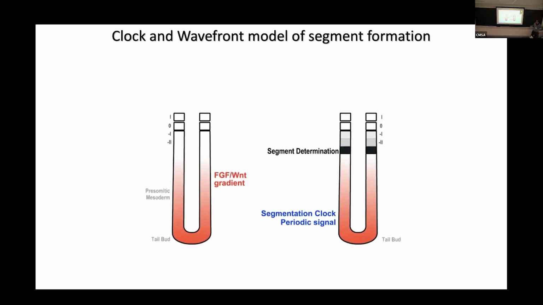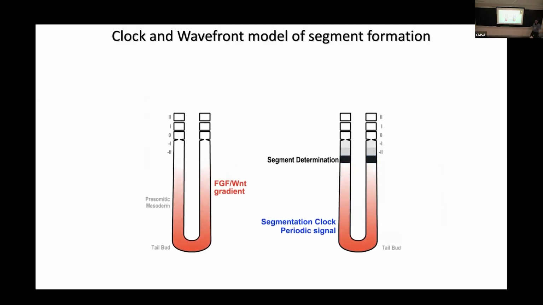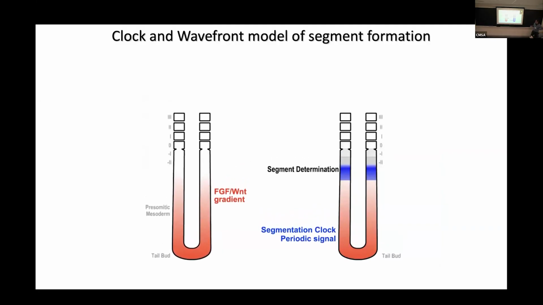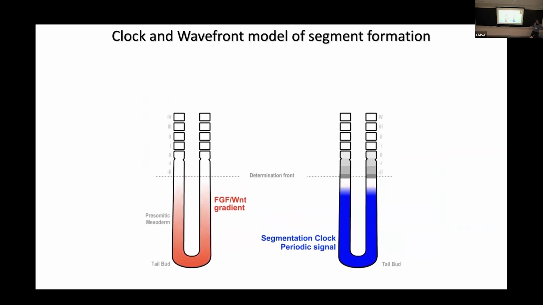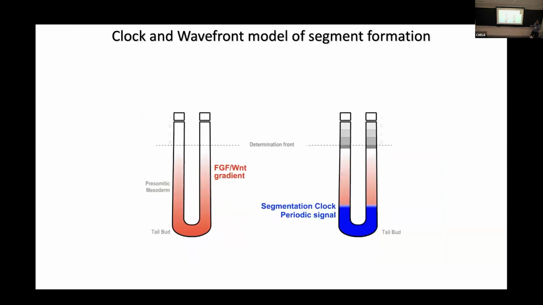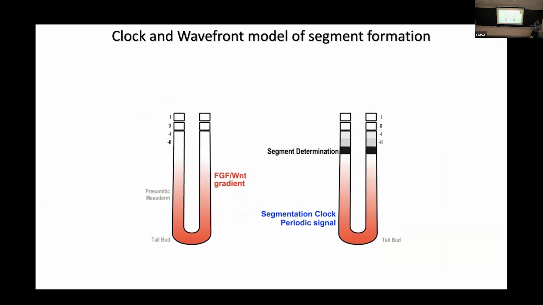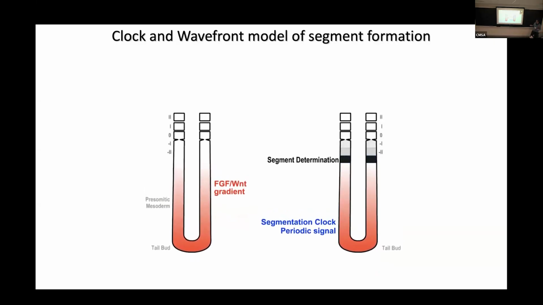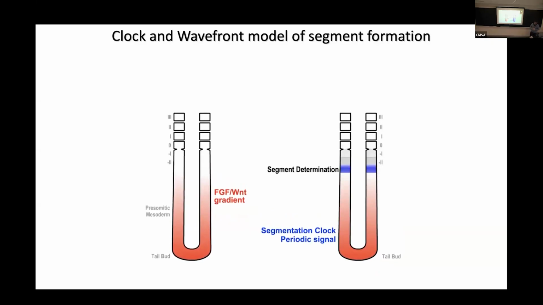So here's the combination of the two processes, the clock in blue, which delivers these traveling pulses of signaling that move along the tissue, and then the posterior gradient, which gates the response to the clock. So in other words, only the cells that passed this determination front, so this signaling threshold, are competent to respond to the clock, and they do so when they get hit by this wave of signaling.